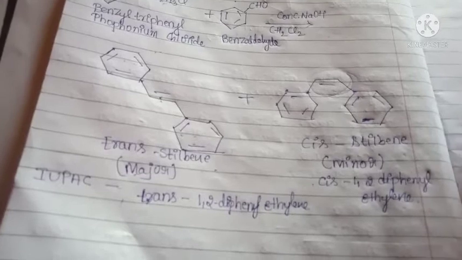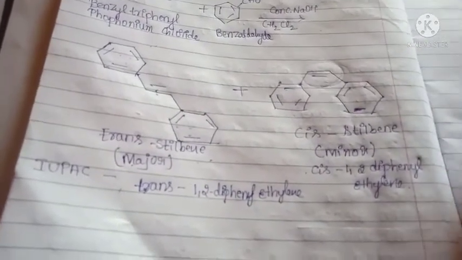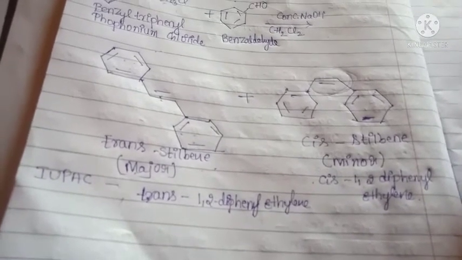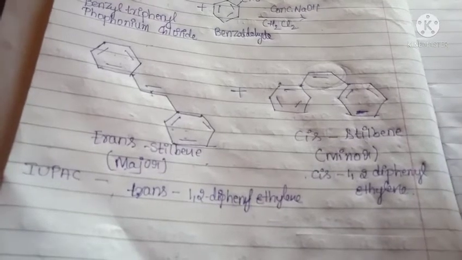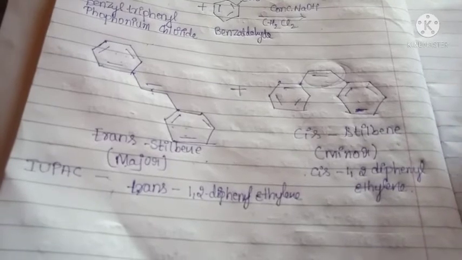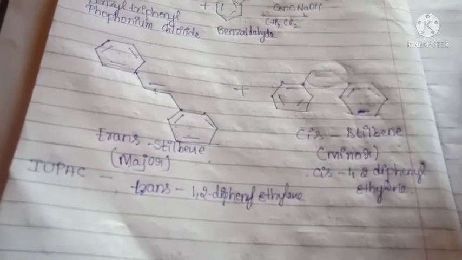Okay, and give the structures of cis and trans stilbene and the preparation of stilbene. These are the questions that will arise. And also they can ask what is diphenyl, define resonance, and give the structure of biphenyl. Okay, you have to mainly concentrate on these. Okay, and then they can ask what is reduction and what is oxidation, and also the reagents used in the Birch reduction or the Etard reaction. Okay.